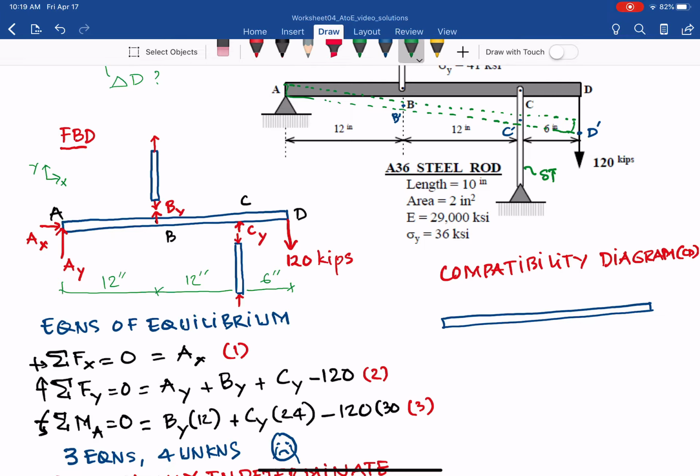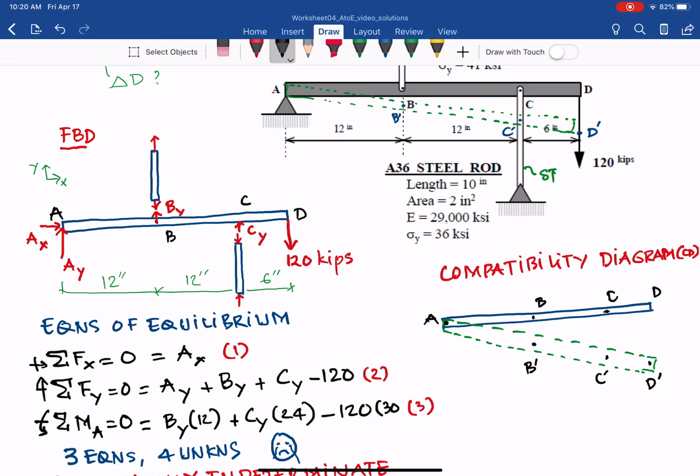So from that we have point A, point B, point C, and point D, and it will be going down here to B apostrophe, C apostrophe, and D apostrophe.